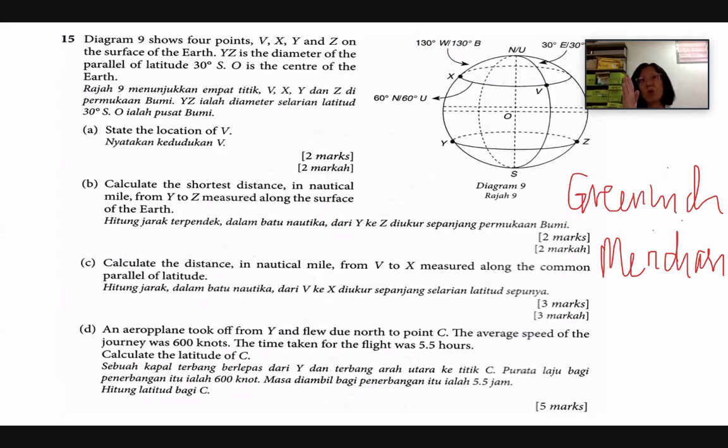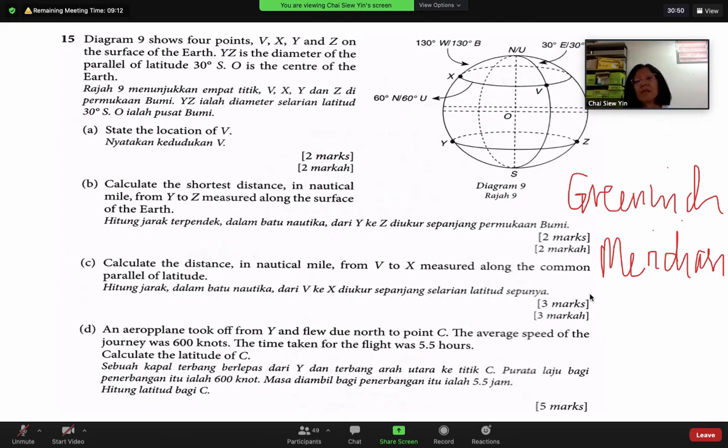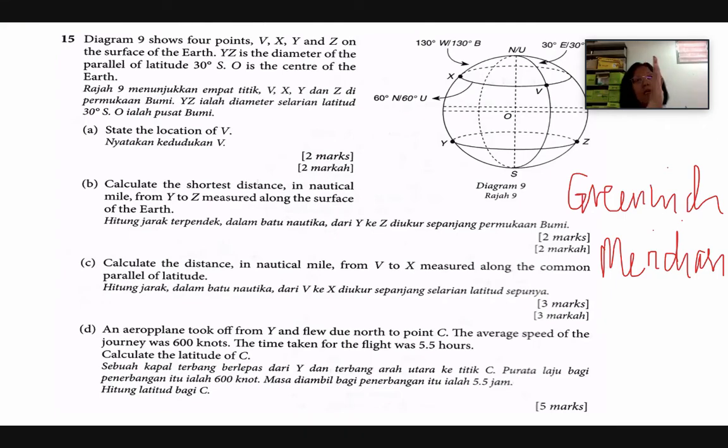The 0 degrees vertical line passes through Greenwich village. That's why it's called the Greenwich meridian. So let's say here is our Greenwich meridian. On this side is called the west. On this side is called the east.